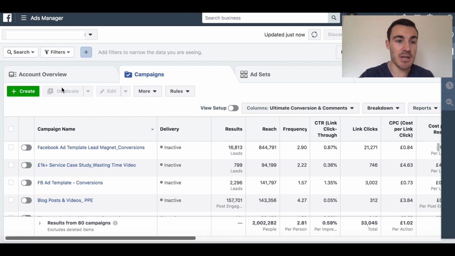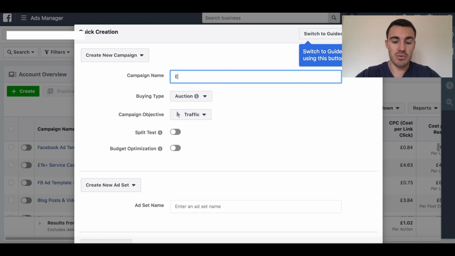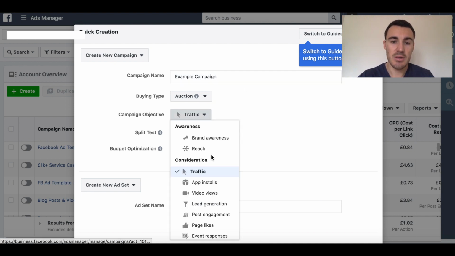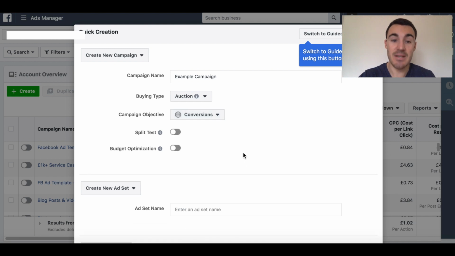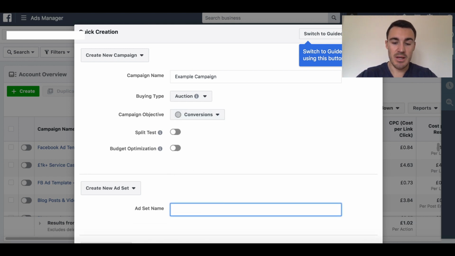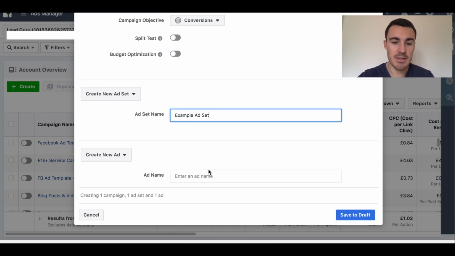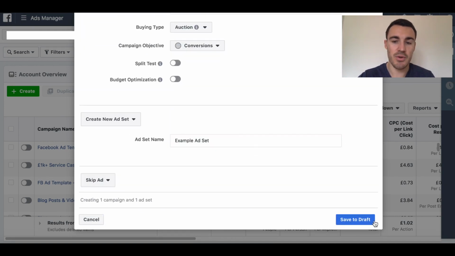So here I am inside my Facebook ad account. Go to create new campaign, and I'm just going to call this example campaign. Select the conversion campaign objective. I'm just going to call this example ad set, and won't bother creating an ad for now. Save that to draft.